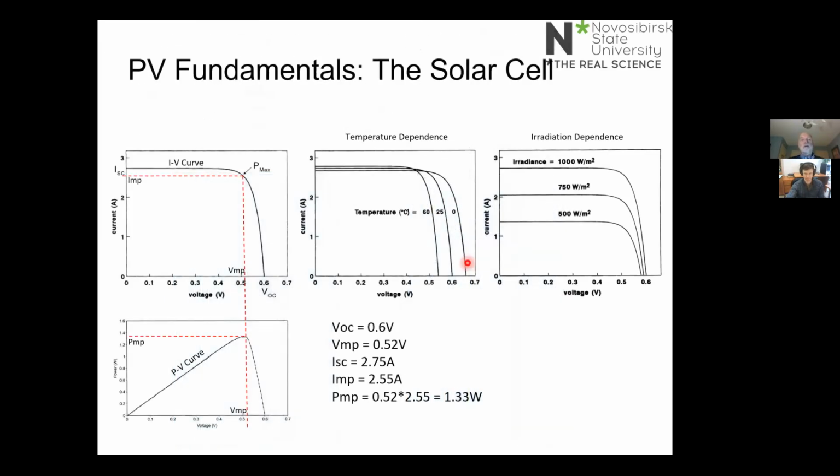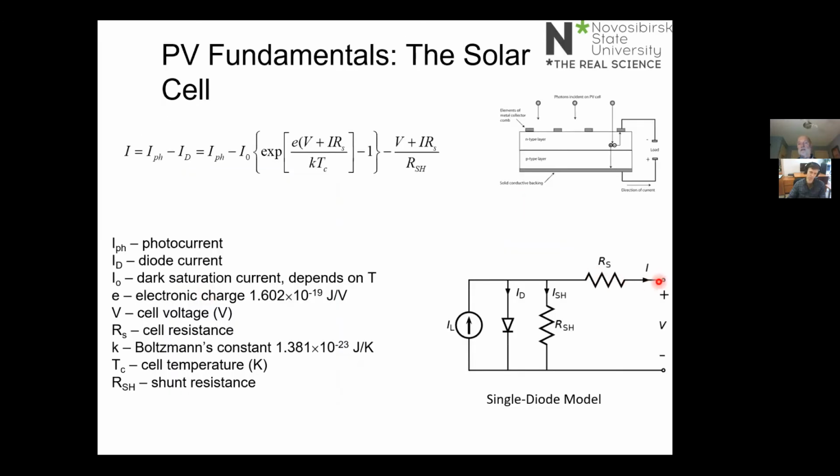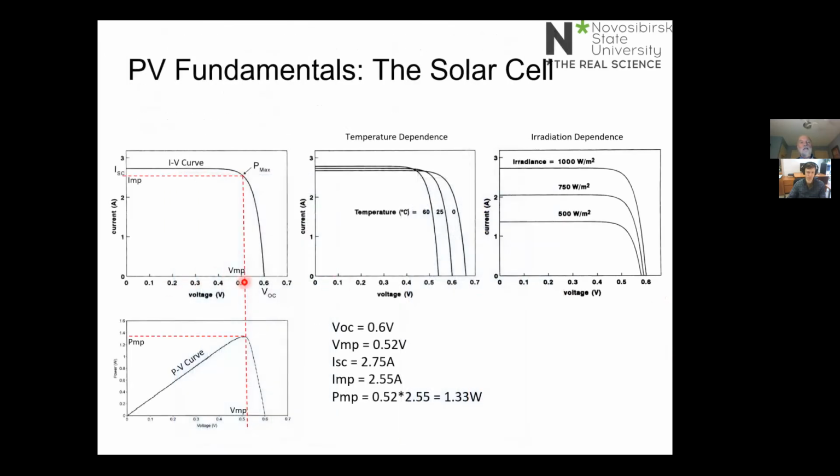So here are some basic fundamentals of a PV system. For a particular level of solar radiation and a particular cell temperature, if we plot the current versus the voltage that is coming out of a PV system, so we're looking at the current and the voltage at the output here, then it is given by the IV curve that you see here.